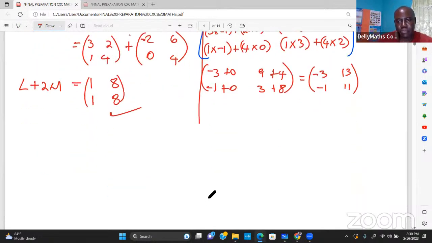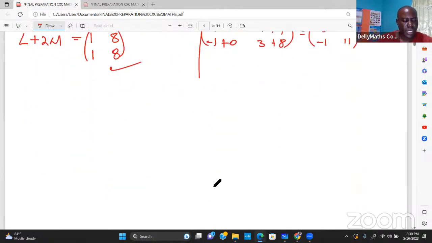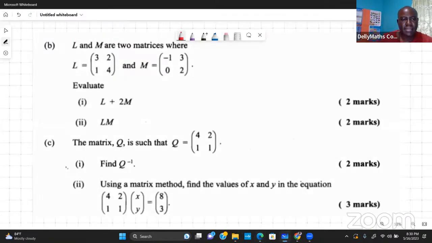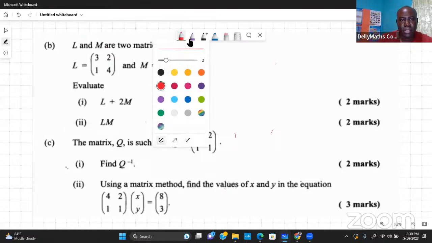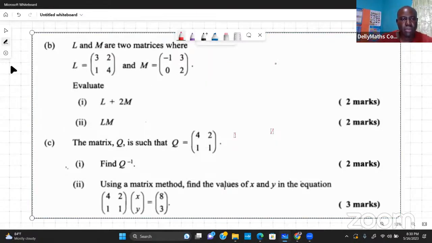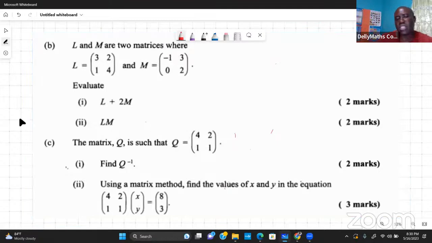Let's keep it going. The next question says the matrix Q is such that Q is 4, 2, 1, 1. Find the inverse.